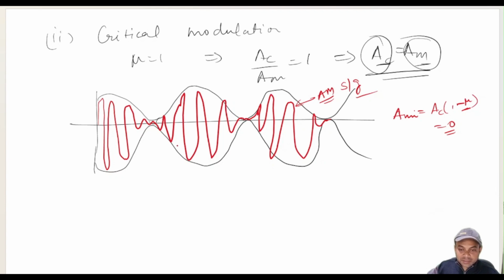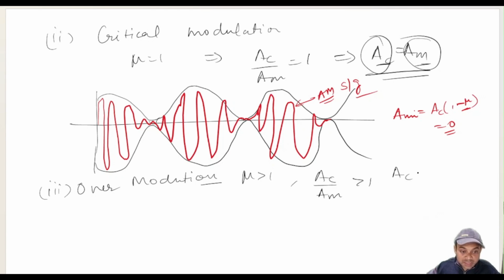Next, we are talking about over modulation. In the over modulation system, mu is greater than 1. It means AM by AC is greater than 1.